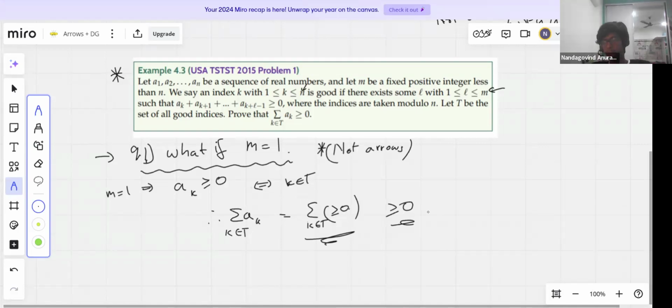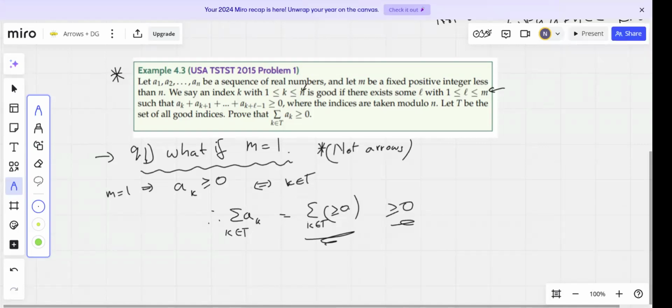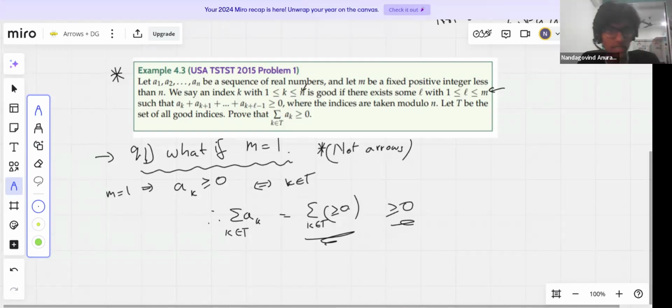Does this make sense? Cool, that's m equals 1.